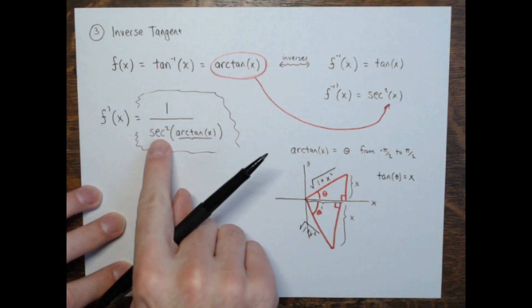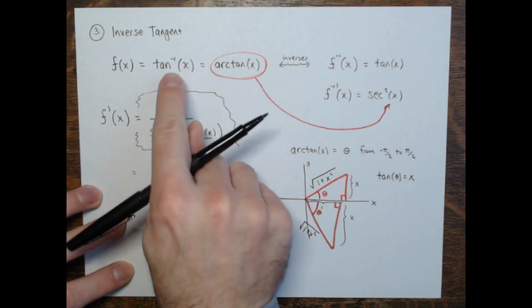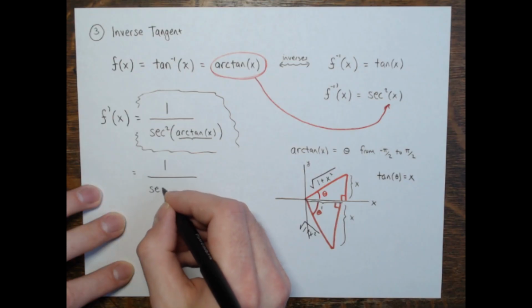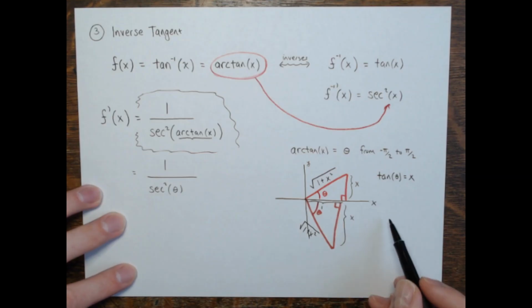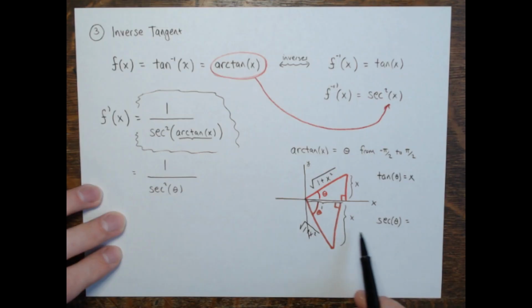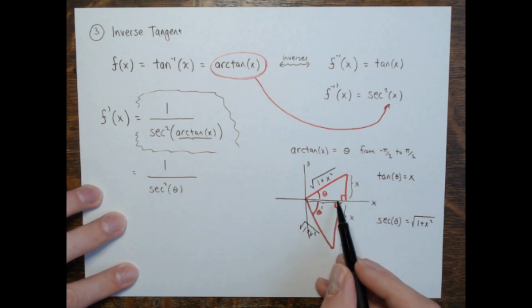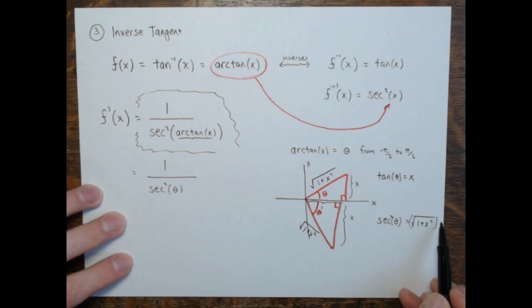So in either one of these, the secant, because again, what we're trying to find for our derivative of the inverse tangent function is 1 divided by secant squared of this thing we're calling theta. And in each of these triangles, secant theta is hypotenuse over adjacent, so that's the square root of 1 plus x squared over 1. And then we're squaring this, right?